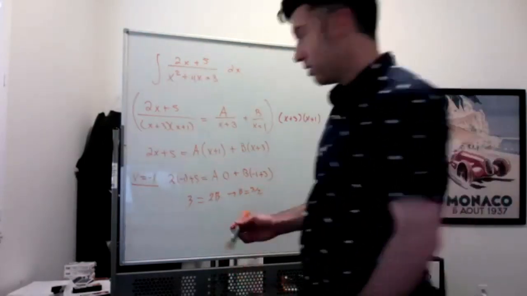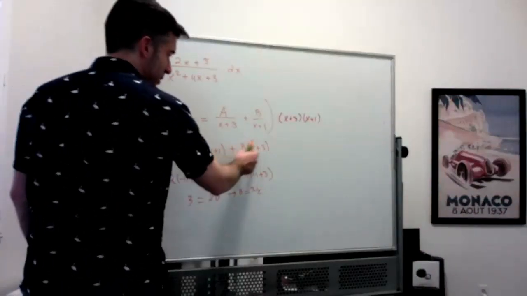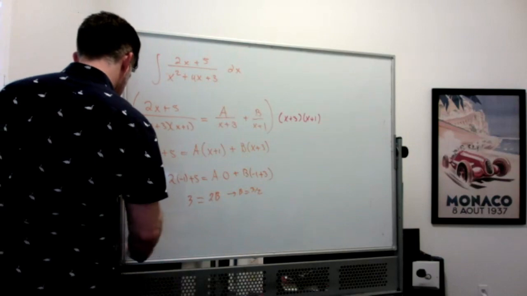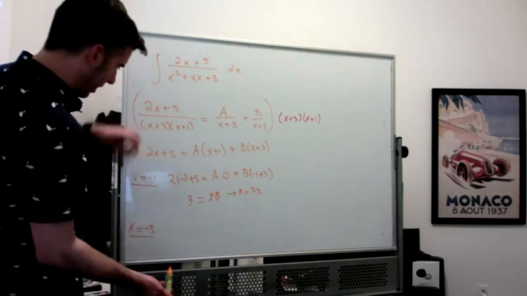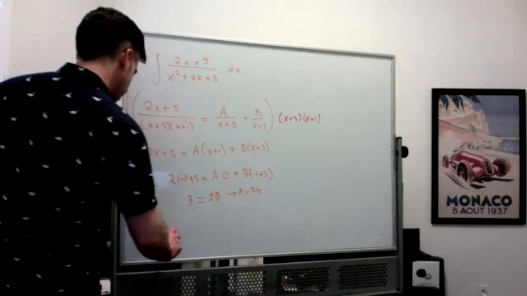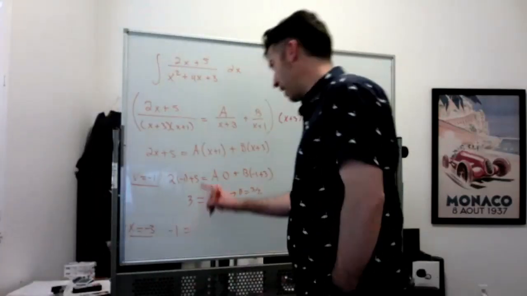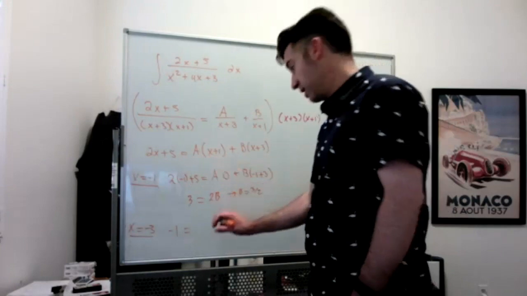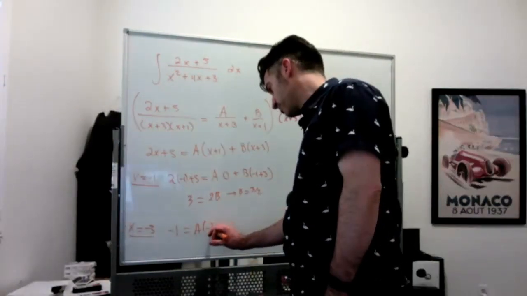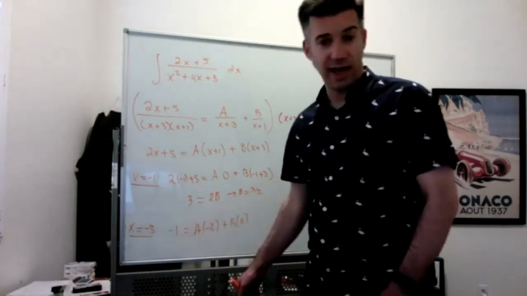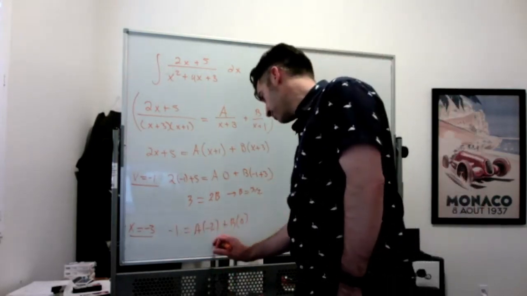Great. Let's now pick the value that makes this part 0. So let's pick x equal to -3. Plugging in x equal to -3, I get -6 plus 5, which is -1. On the right-hand side, I get a times -3 plus 1, so a times -2, plus b times 0. So solving for a, I get a equal to 1/2.